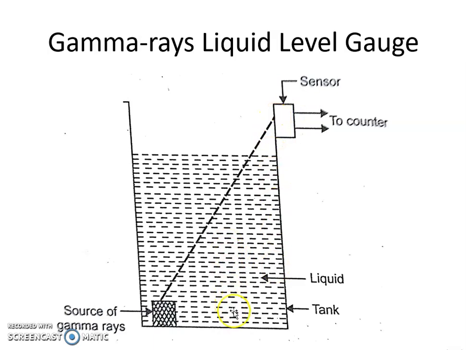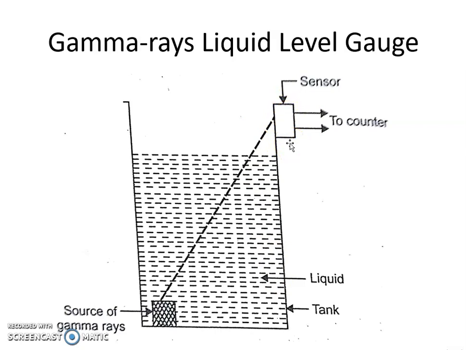Now, as the liquid is filled in the tank and the liquid level goes on increasing, the intensity of gamma rays reaching the detector reduces, because some of the gamma rays get absorbed by the liquid. So as the liquid level increases, the intensity of gamma rays reaching the detector decreases.